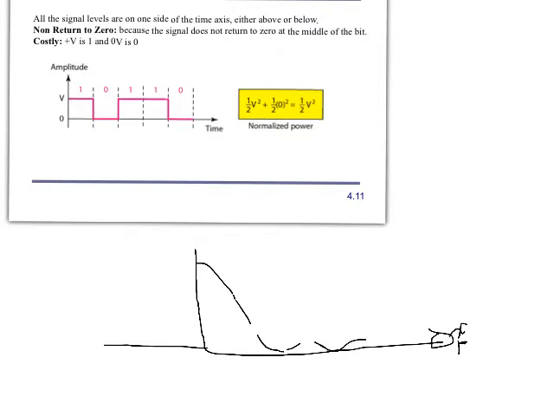So it will look like this. Okay, I have high power components at zero frequency, and then it decays as the frequency goes higher. Okay, so we'll see this curve repeated in later line coding schemes.